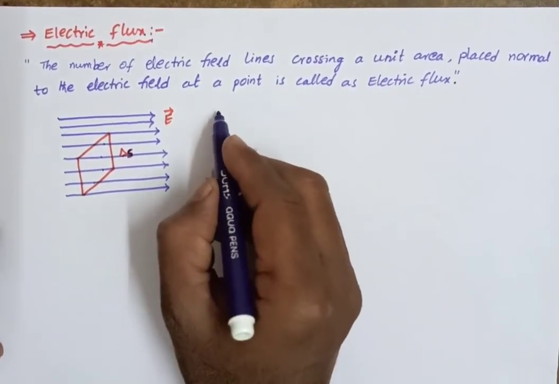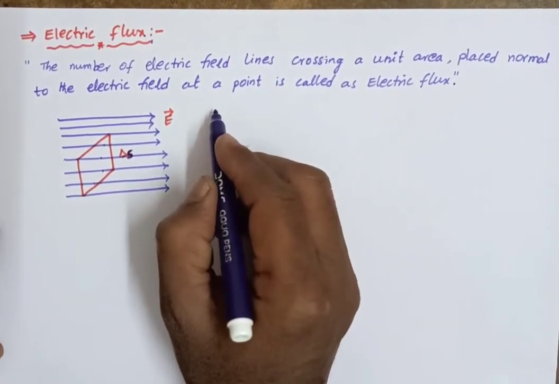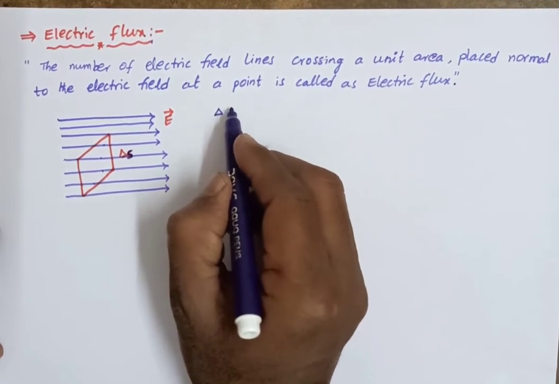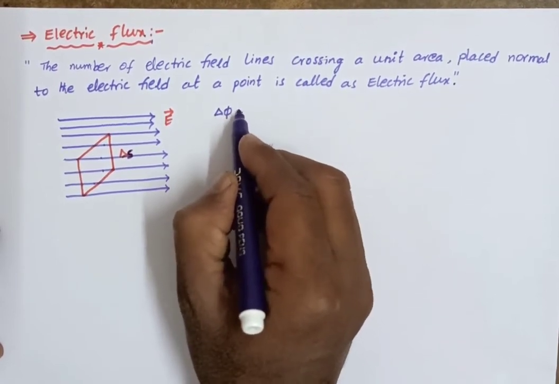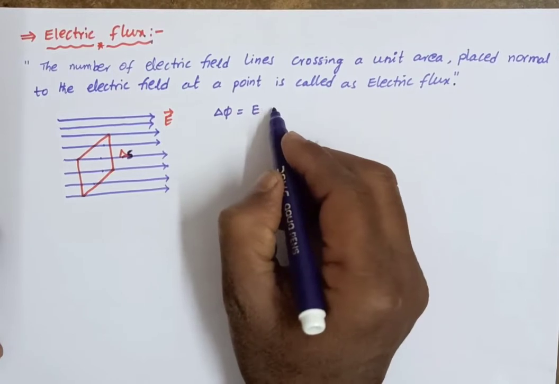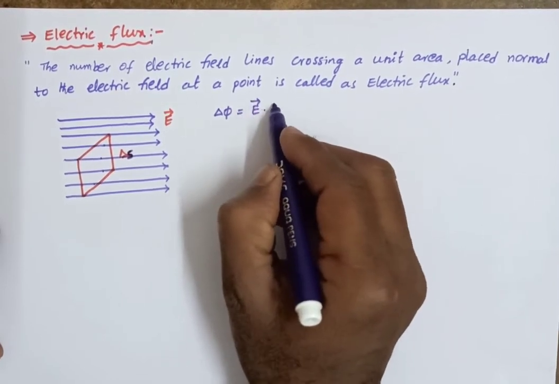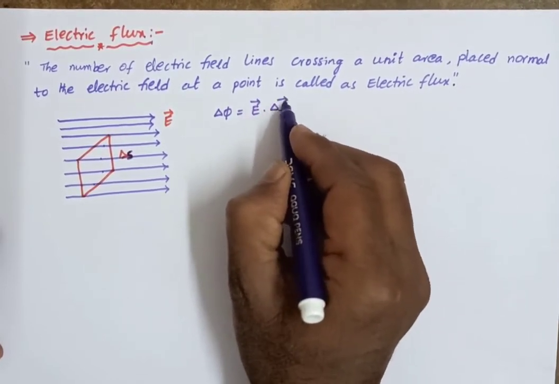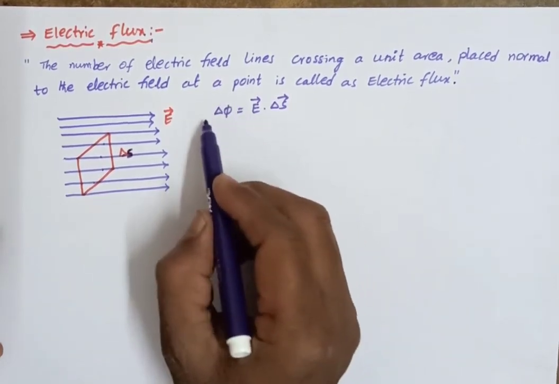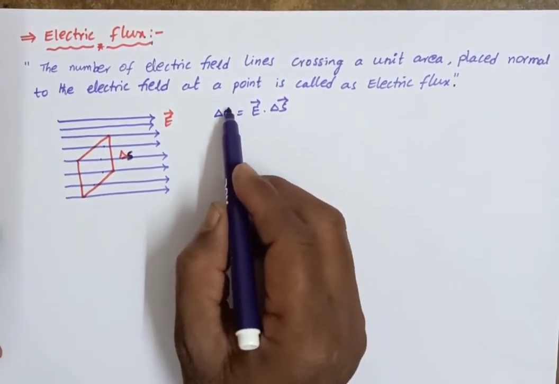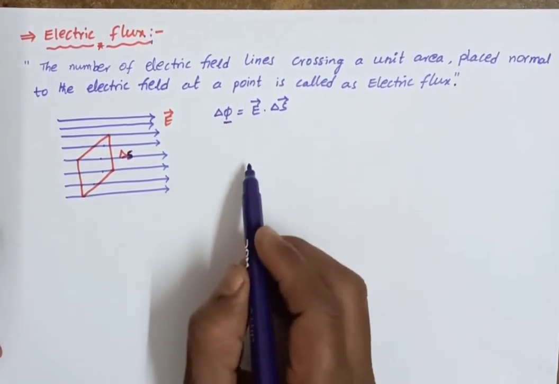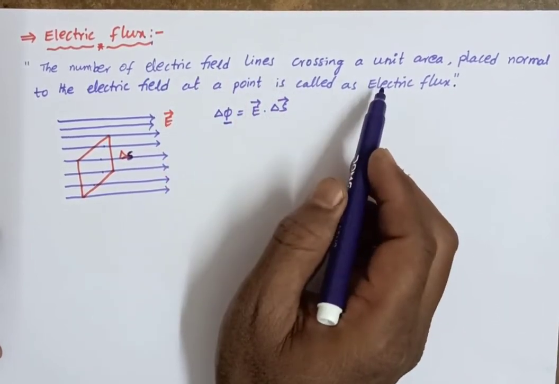So here the electric flux is taken as delta phi equals E into delta S. Here phi is nothing but electric flux.